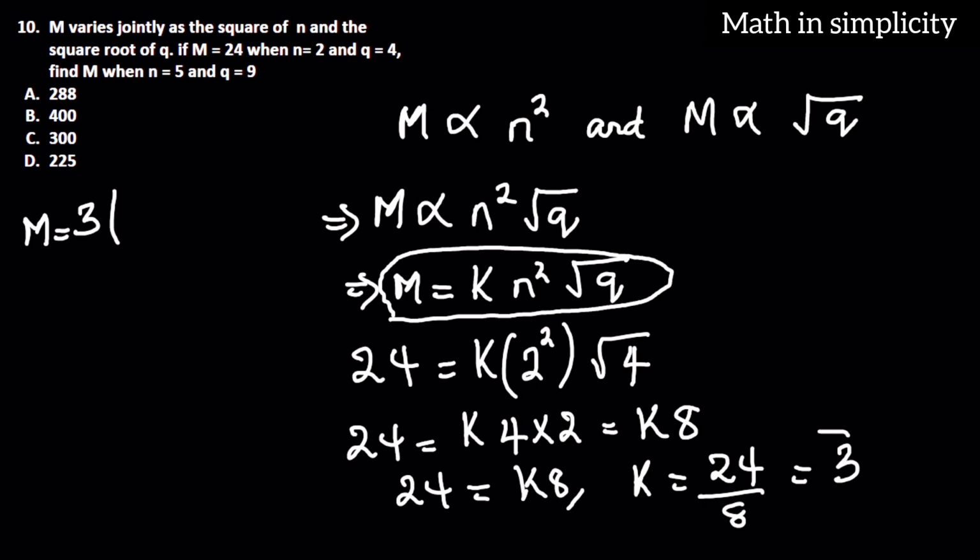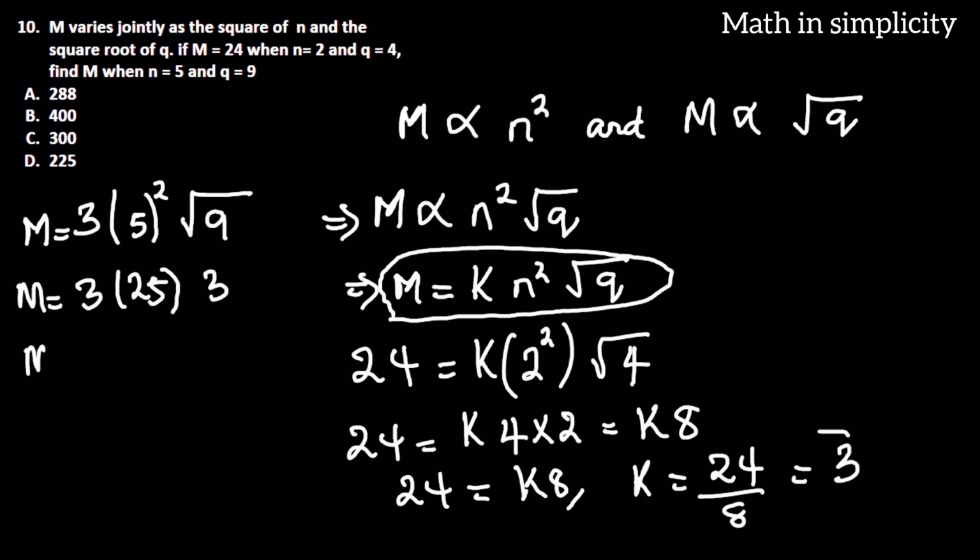So m is equal to 3 into, n is now 5, so 5 raised to the power 2, and then the square root of q. Q is now 9. So m will be equal to 3 times 5 raised to the power 2 is 25. Square root of 9 is 3. So m is equal to 3 times 25 is 75, and 75 times 3 is 225. So the value of m is 225, and that corresponds with the option D.